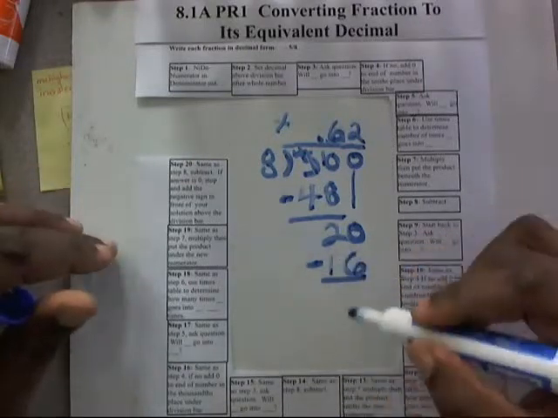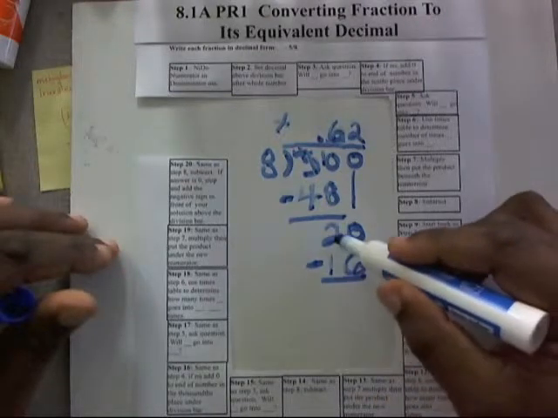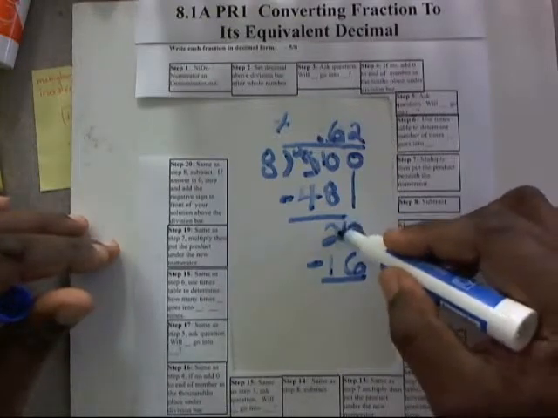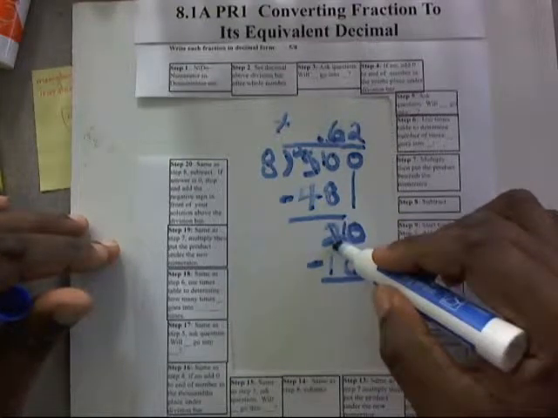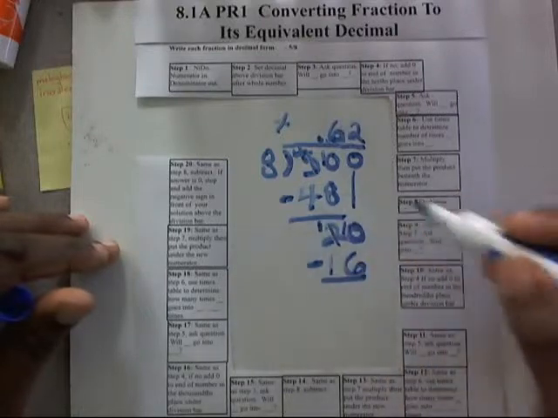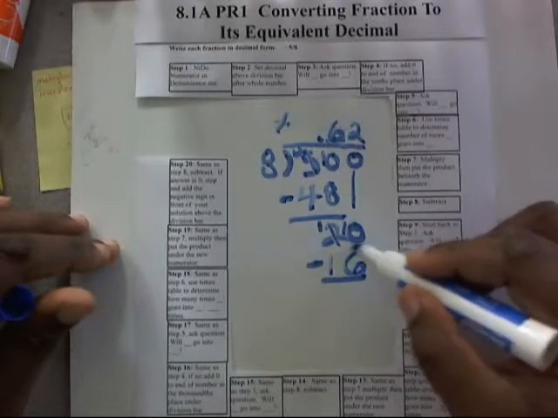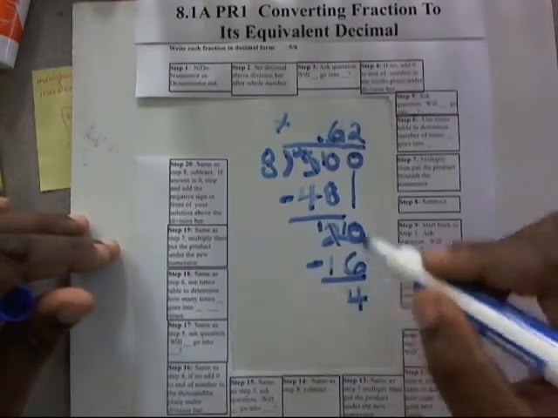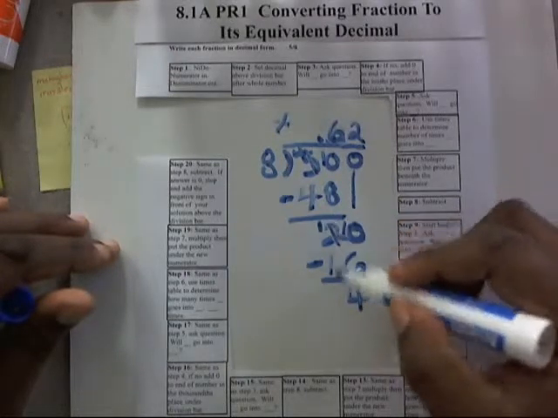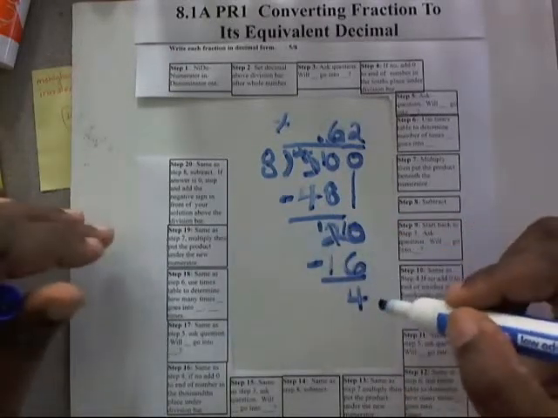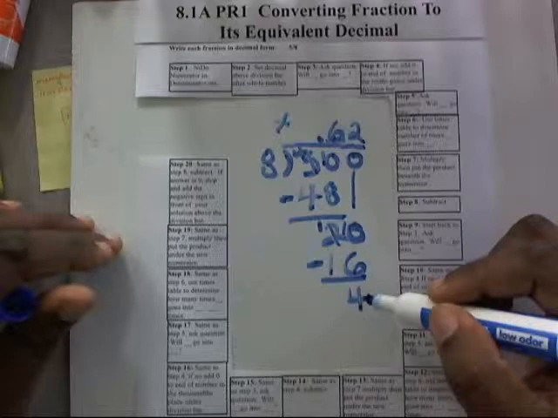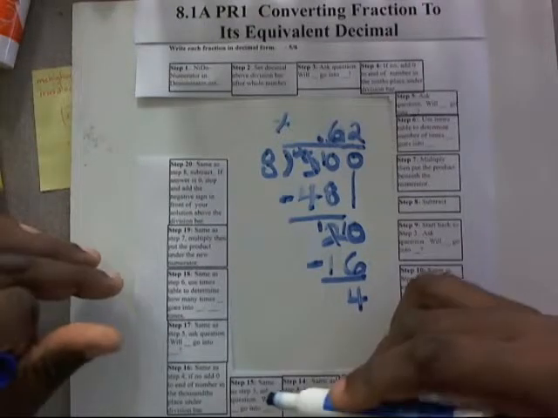So now I'm at step 14. I'm going to subtract. I got to pull 1 from that 2, which will make that a 1. So it's 10 minus 6 equals 4. Okay, 1 minus 1 equals 0. All right, so I'm going to ask the question again.